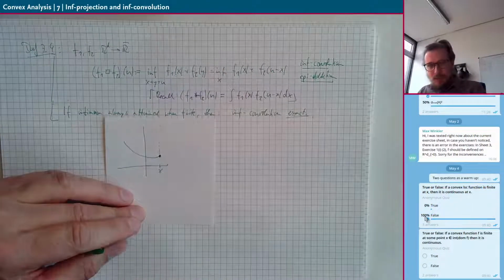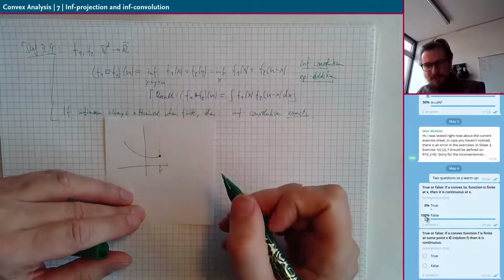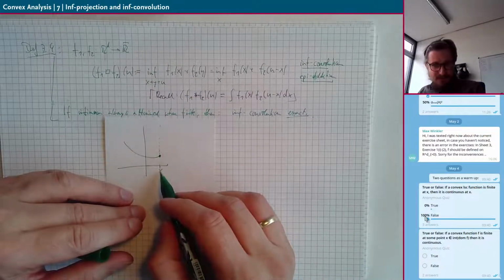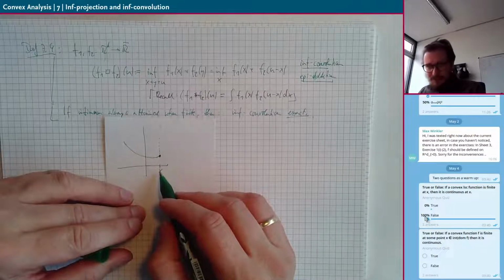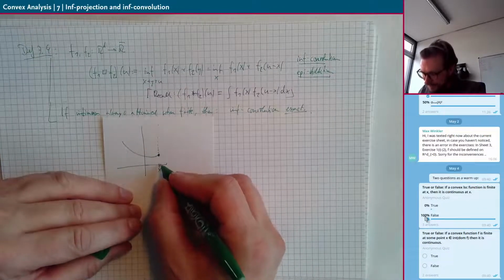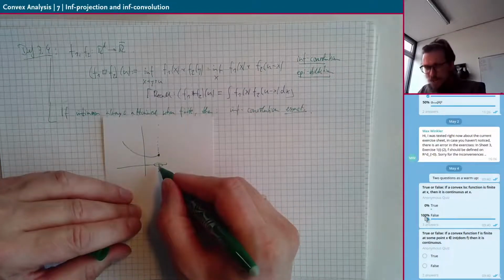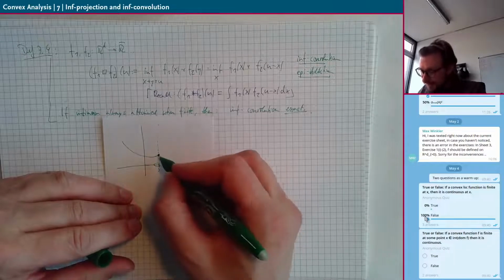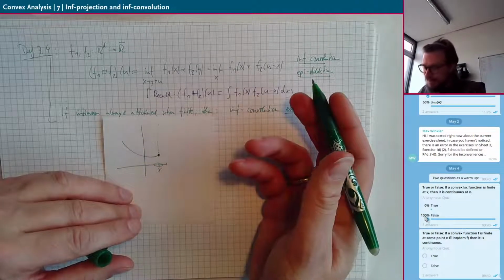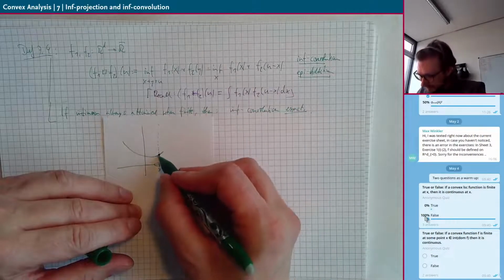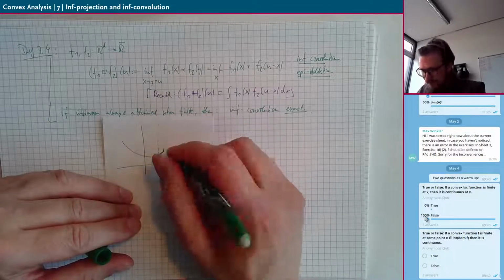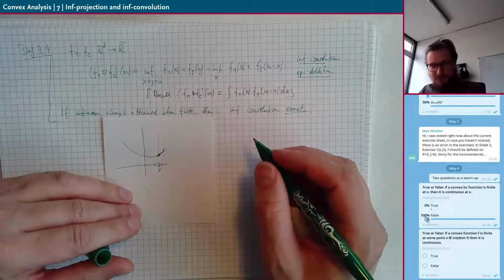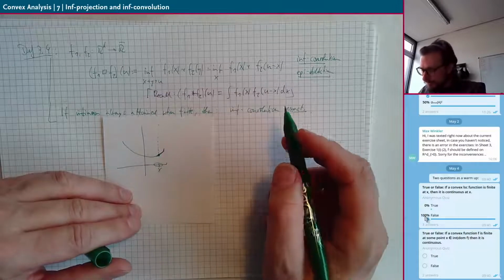Okay, so what happens now if we assume that the point lies in the interior of the domain of the function, which means that there's a neighborhood here at which the function is still finite, so this cannot happen anymore, so it has to be like this, and then what the function does over there, I just don't care because continuity is a local property.